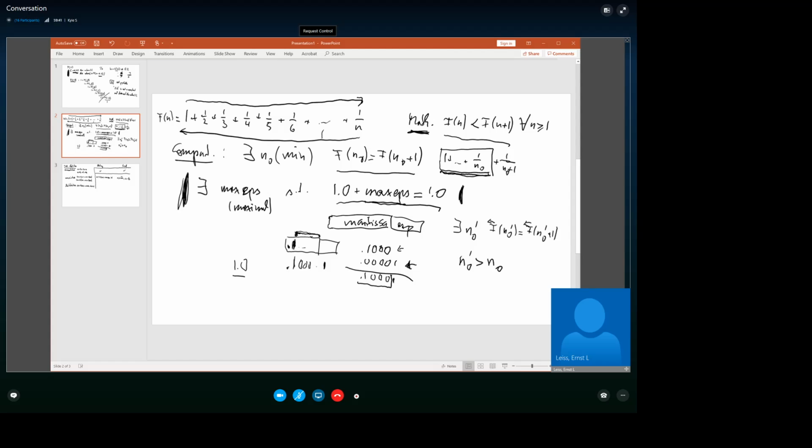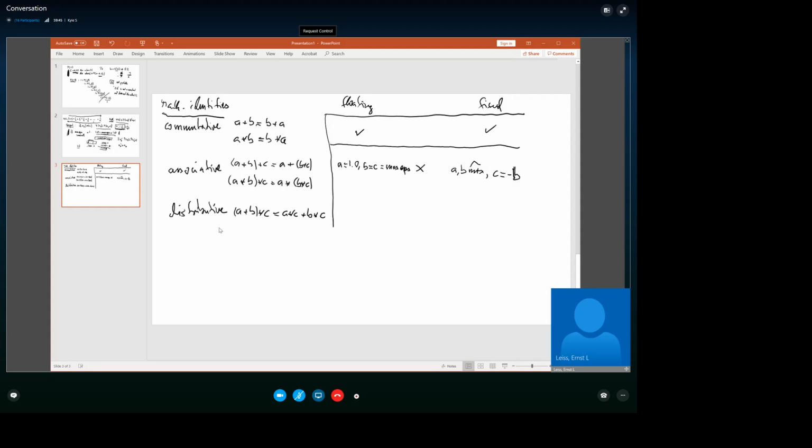And so you can certainly do a maximum A and a maximum B. And when you add the two of them up, that will give you an overflow. And then if C is minus B, then you have the same situation here.